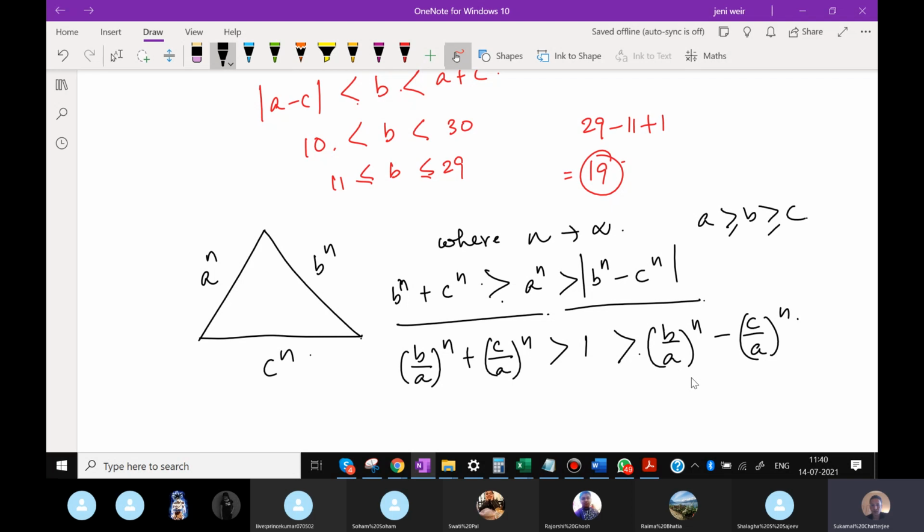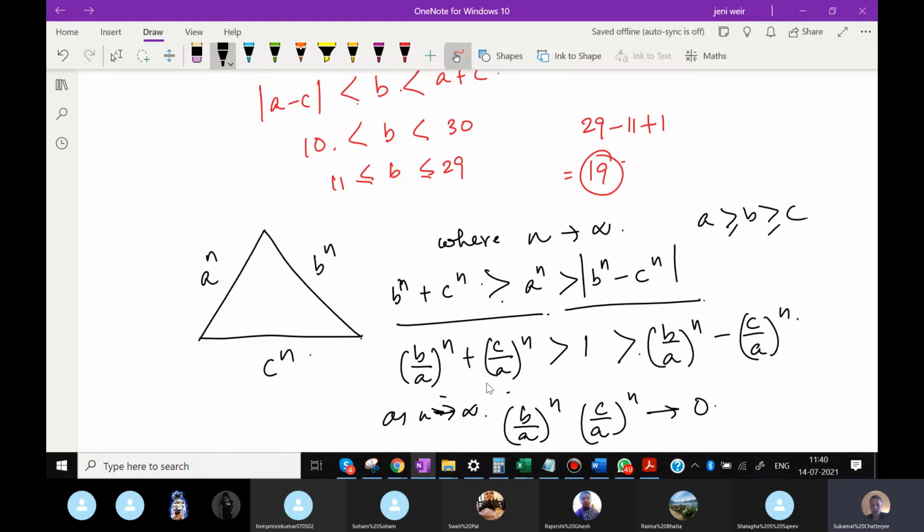Now, what happens when n goes to infinity? Both (b by a) to the power n and (c by a) to the power n will go to 0, right?